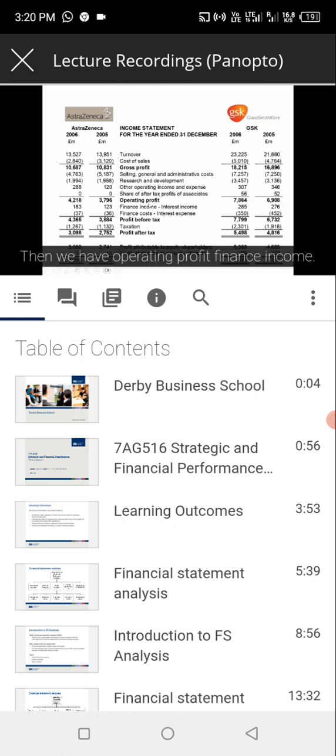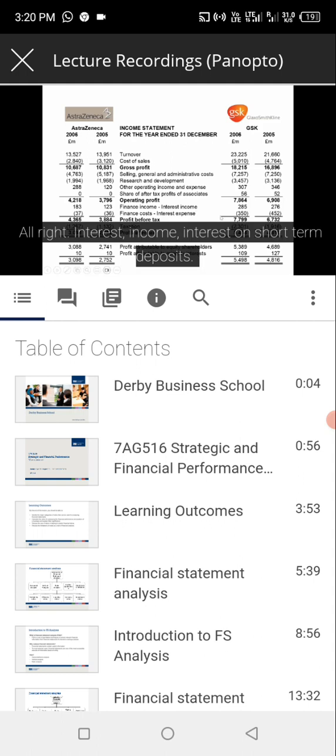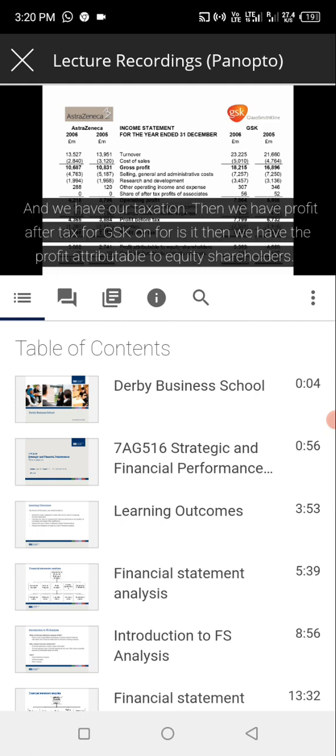Then we have operating profit, finance income, interest income, interest on short-term deposits. So this is an income. Then we have the finance expense, which is the interest they paid on loan, and then we have profit before tax, 7799 for GSK and 4365, and we have our taxation, then profit after tax for GSK and for AZ.